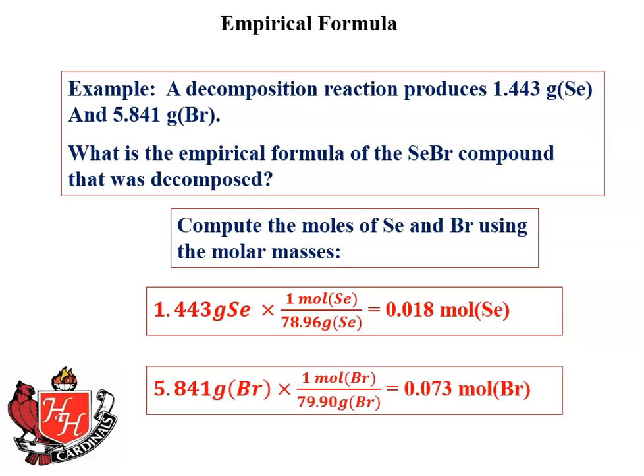Same thing for Br. Go to the periodic table, find the molar mass of bromine down at the bottom of the square for bromine, and it's 79.9. So you make a conversion factor. 1 mole of bromine equals 79.90 grams of bromine. So you set that up as a ratio so that the grams of bromine cancels out, and you end up with 0.073 moles of bromine.